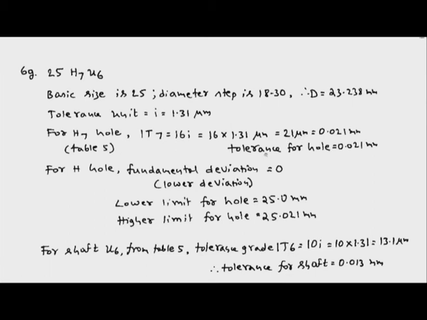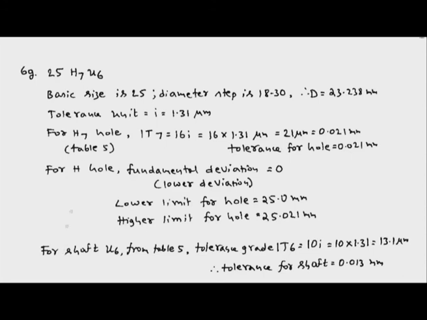So the tolerance value for the hole is 0.021 millimeter, and for the H hole the fundamental deviation is equal to 0. So the lower limit for the hole is equal to the basic size, that is 25 millimeter, and the higher limit for the hole is equal to basic size plus tolerance, that is 25.021 millimeter.